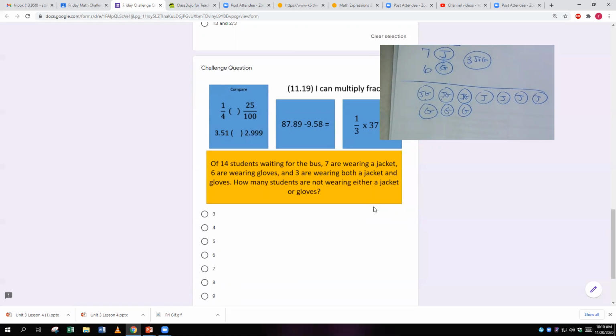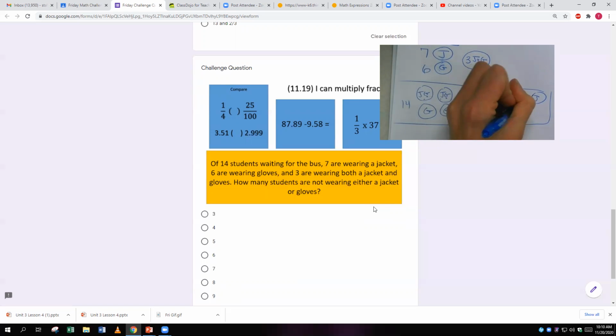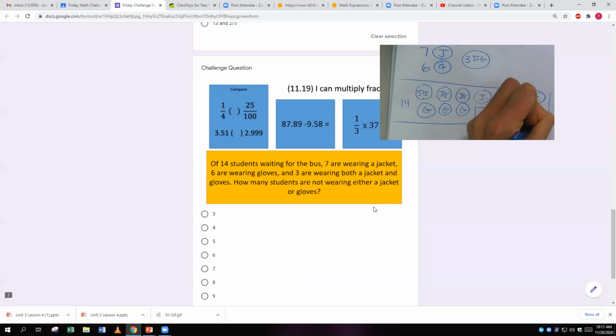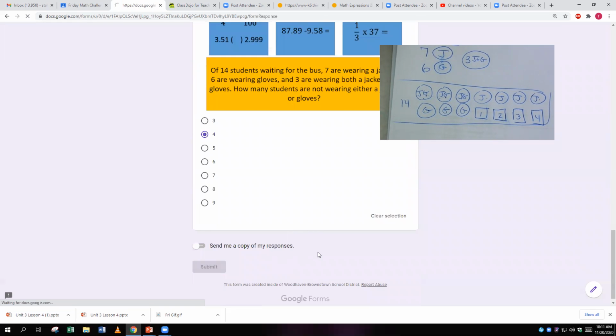Guys, drawing pictures helps so much, right? The only other thing that we know is just 14 total students. Right now, we have 1, 2, 3, 4, 5, 6, 7, 8, 9, 10. So how many knuckleheads are not wearing jacket or gloves? 1, 2, 3, 4. Therefore, that answer is 4.